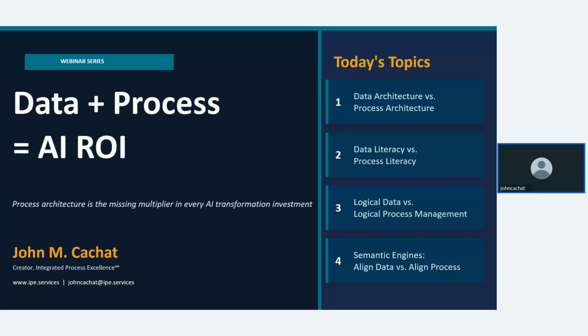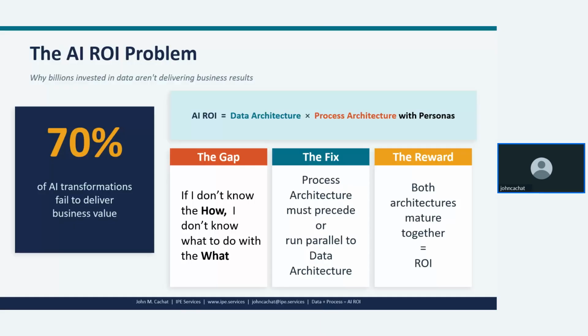And what I'm trying to convince you is a process architecture is the missing multiplier in the AI ROI problem. So we've all seen the 70% failure, 90% failures. Regardless of the number, we're not getting the results we wanted. And the gap is if I don't know the how, I don't know what to do with the what, and I'm going to use how and what throughout this a lot.